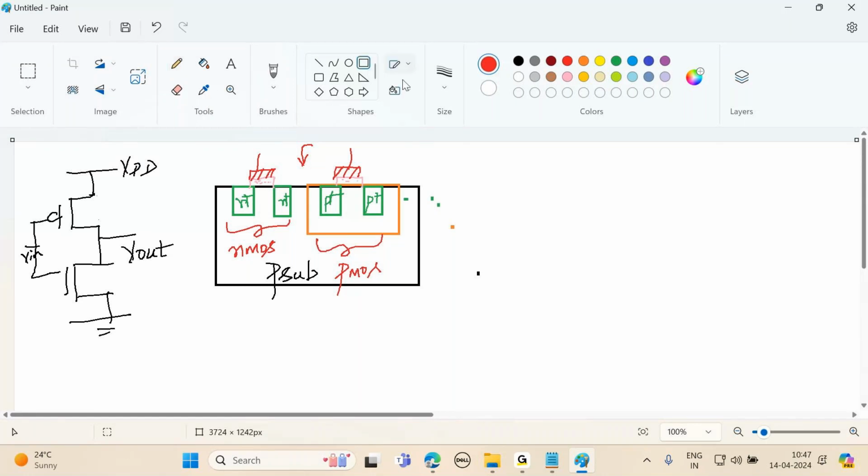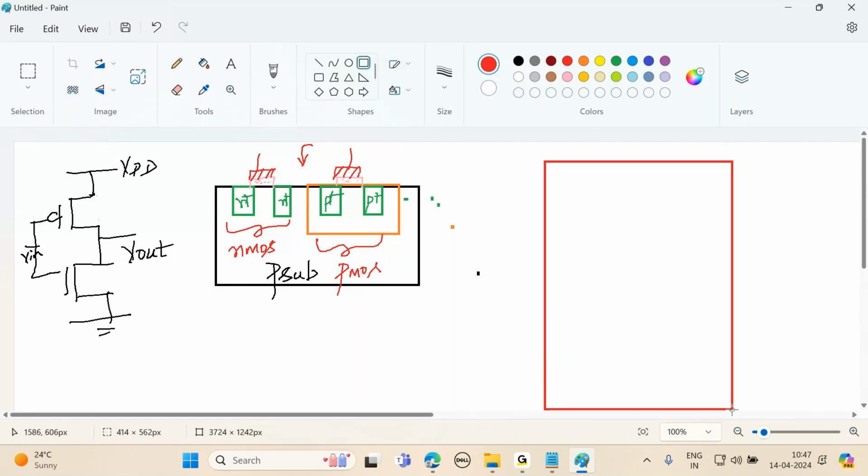If you draw the layout for your CMOS, first you have this P substrate. After P substrate, you will have VDD and VSS rails. This is VDD. This is VSS rails.